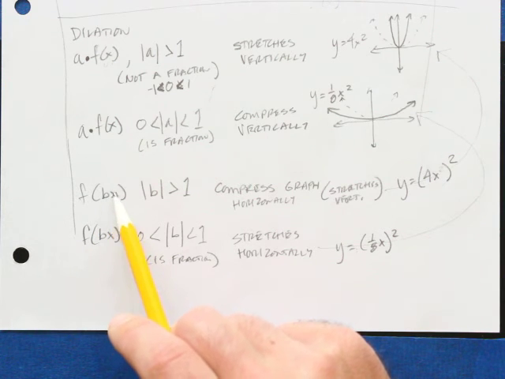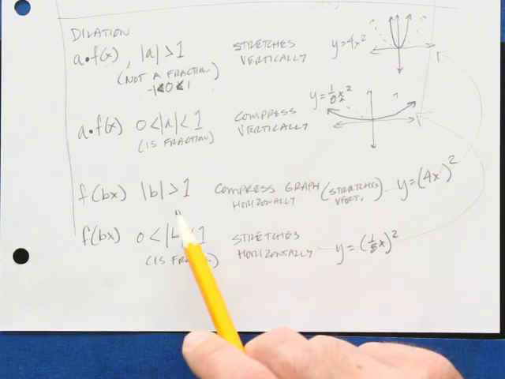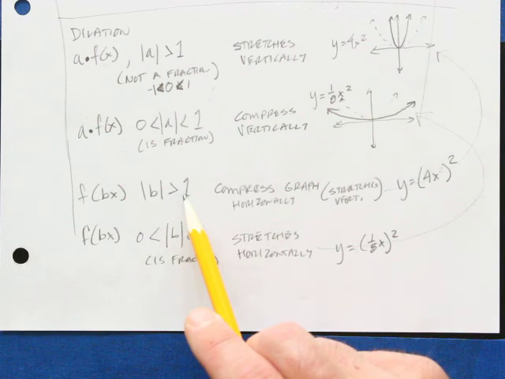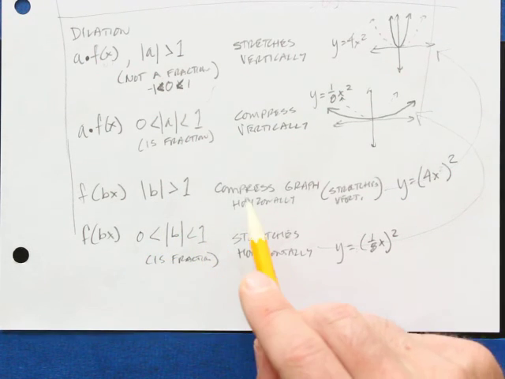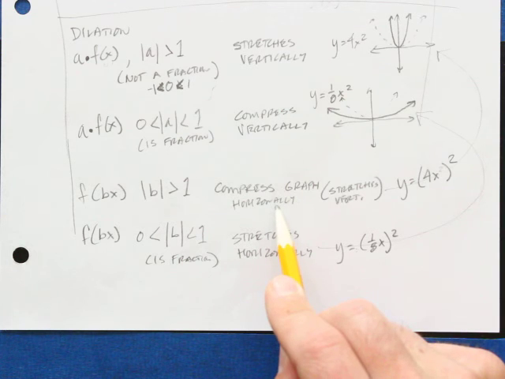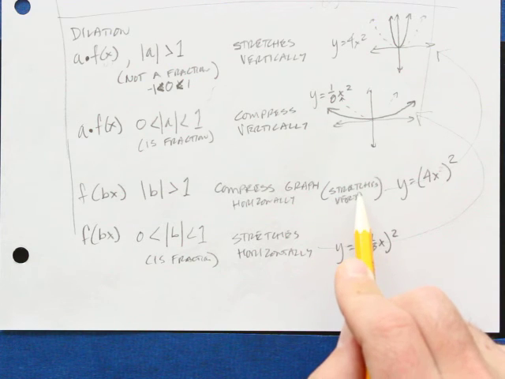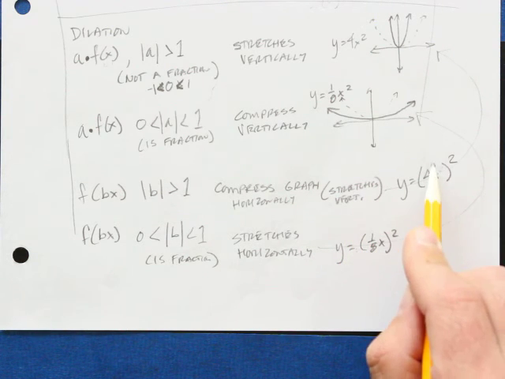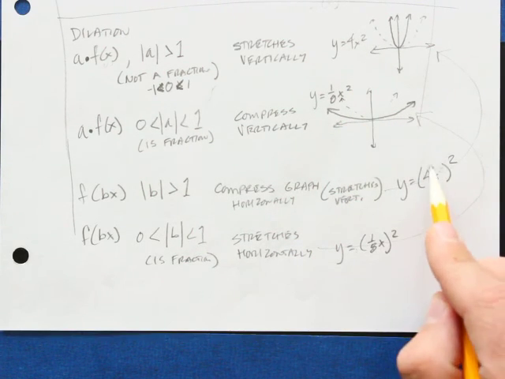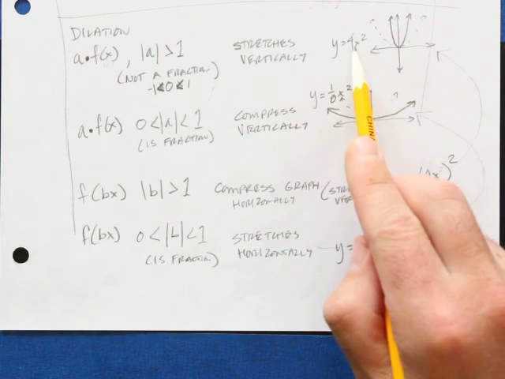If you're multiplying inside of the function by a number greater than 1, then this is going to compress the graph horizontally, which is the same as stretching it vertically. So this is doing the same thing as this was. Notice how this is inside the parentheses, and this is outside.